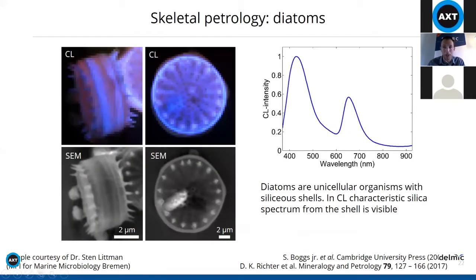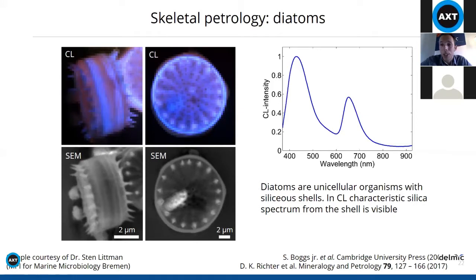The previous examples that I showed were really rocks that came from melts, but here I show something that comes from the living world. This is an example of a diatom, and these samples were given to us by Dr. Sten Liedman from the MPI in Bremen.